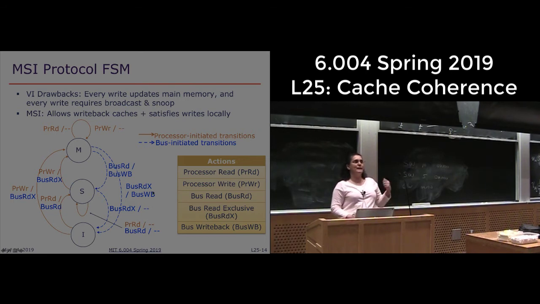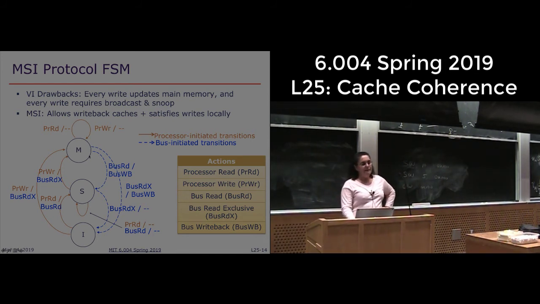So it's going to write back its value that it wrote in its cache, and it's going to go then to the invalid state, so it effectively no longer has that address in its cache. Okay? So at this point, nobody else has a valid copy of that address in their cache, and so this new processor can safely enter the modified state, and it's the only one that is now allowed to actually write to this address.